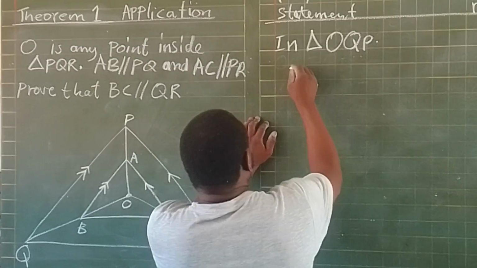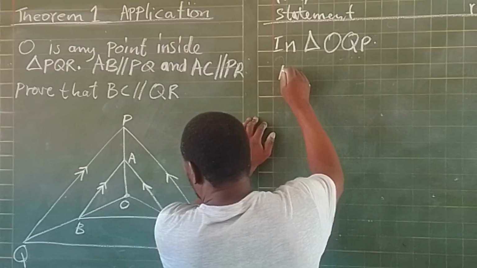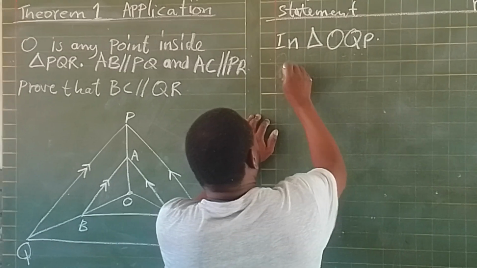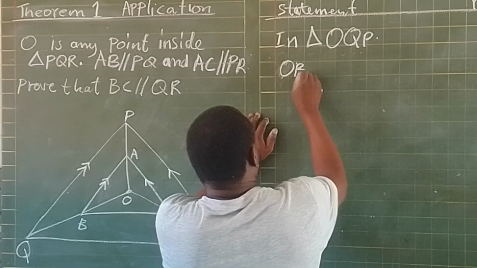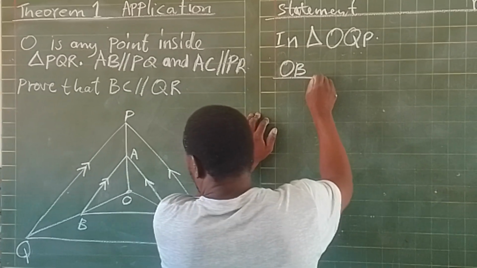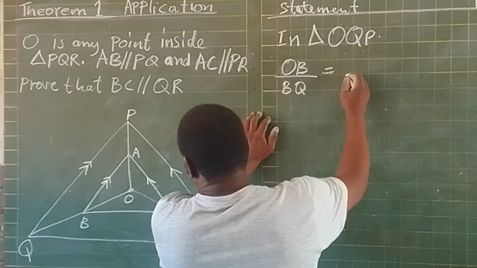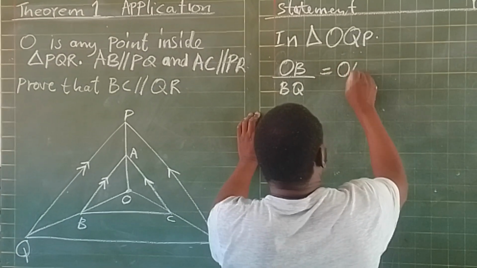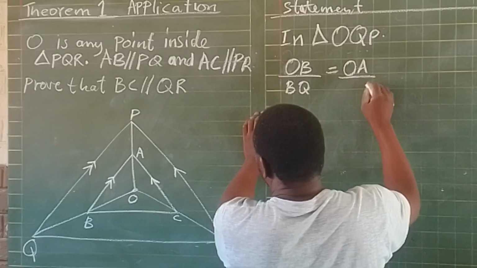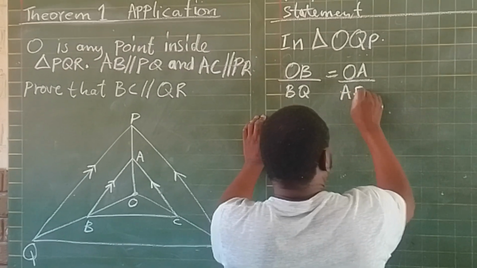Therefore, we can conclude that OB over BQ is equal to OA over AP.